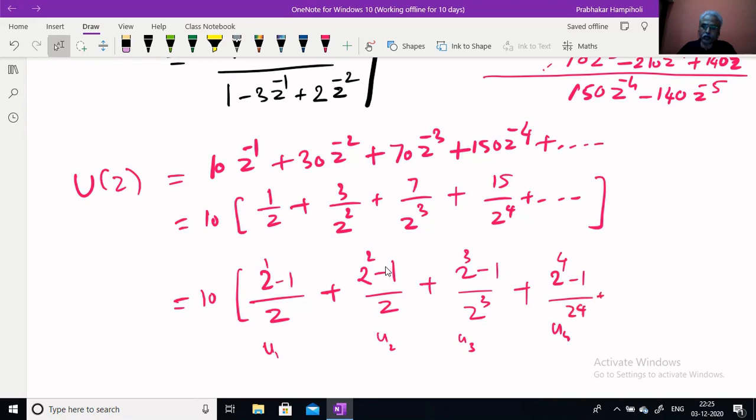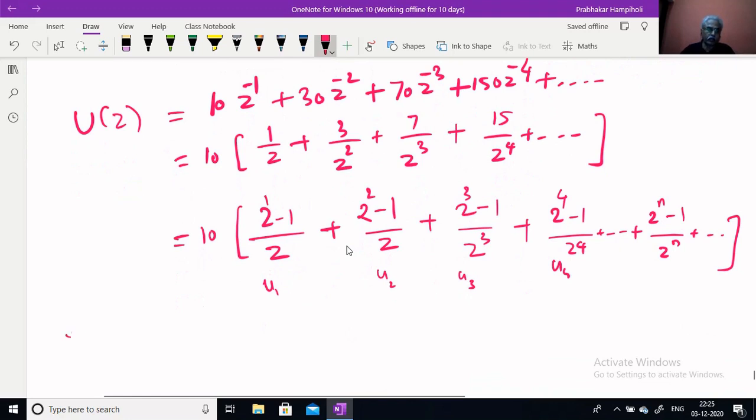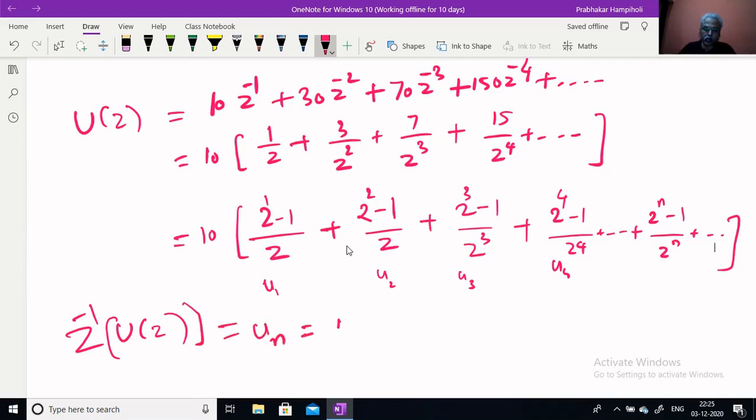So in general, it is 2 raised to n minus 1 upon z raised to n. This pattern of 2 raised to n minus 1 itself becomes un, of course multiplied by 10. So now if I take inverse Z transform using our power series method, we write un is equal to 10 times 2 raised to n minus 1, which is our answer.